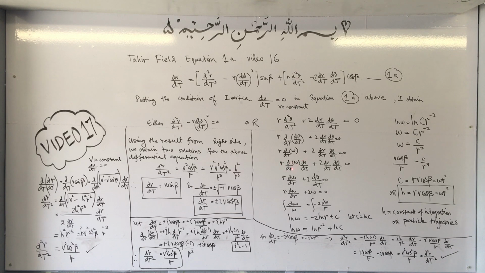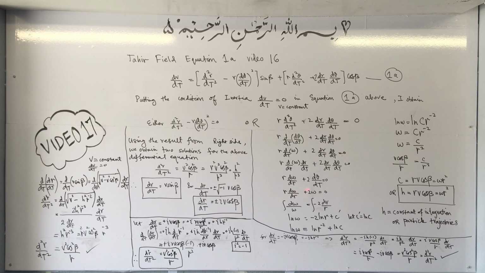So taking dr over dt common and getting rid of it, and applying the chain rule here, we obtain r d omega over dr plus 2 d theta over dt is equal to 0.